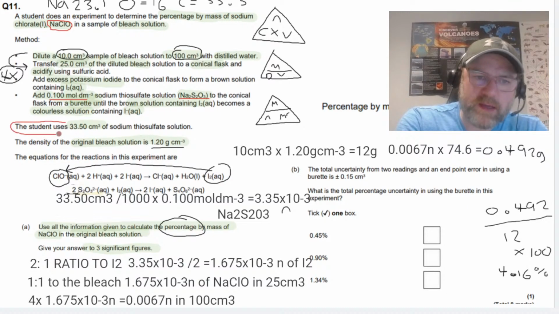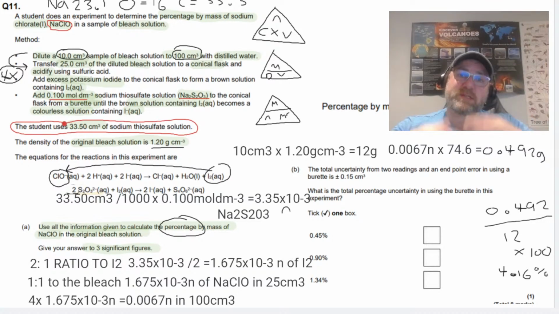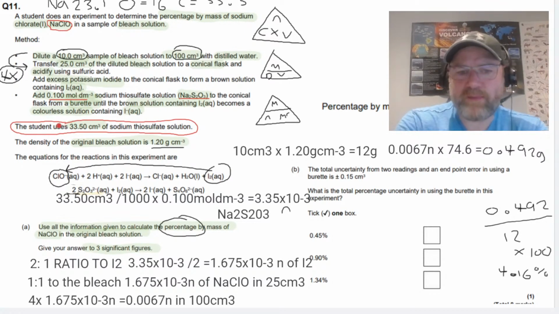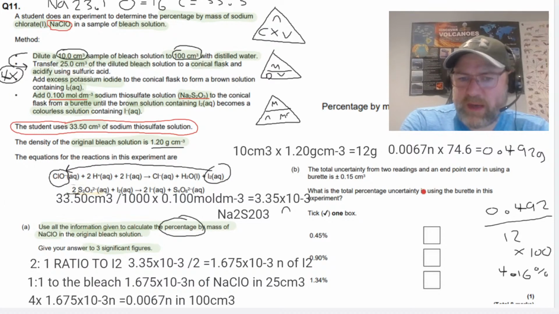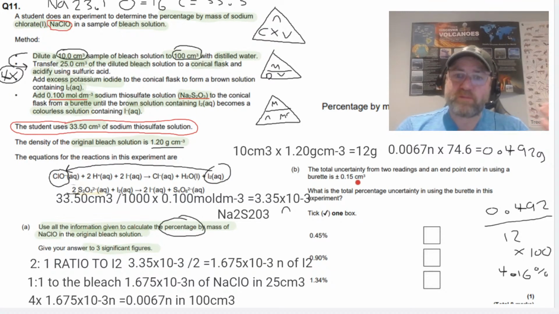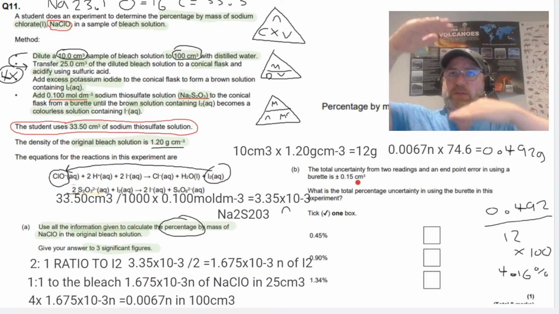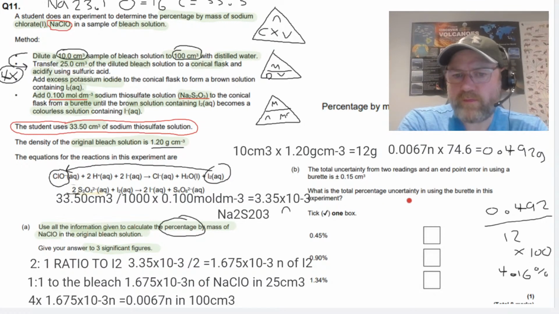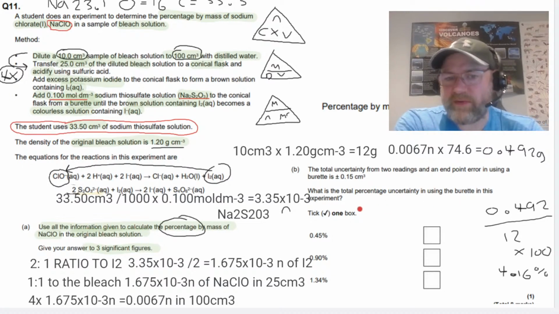So if you're wondering, 33.50 is the titration that was carried out in the burette. And this question is basically saying, look, the total error is plus or minus 0.15. So that's for the 2 readings and the endpoint. What's the total percentage uncertainty in using the burette in this experiment?